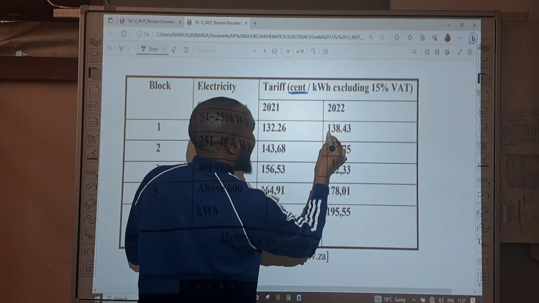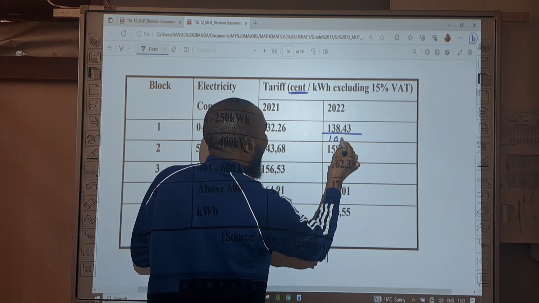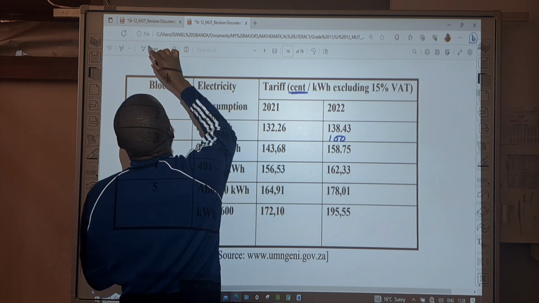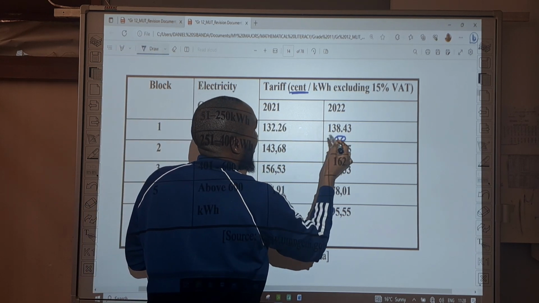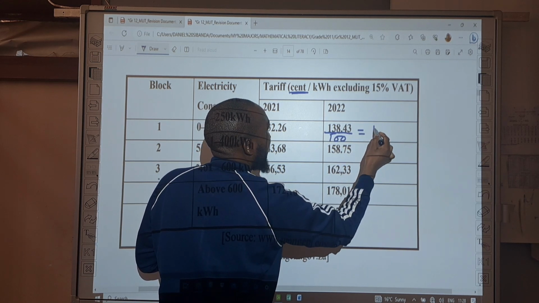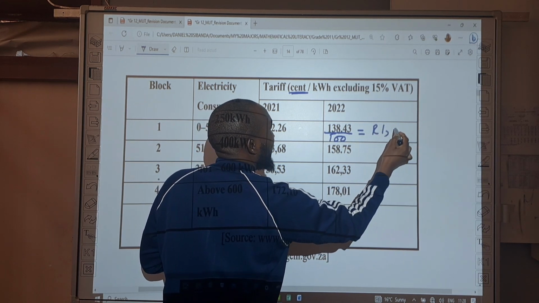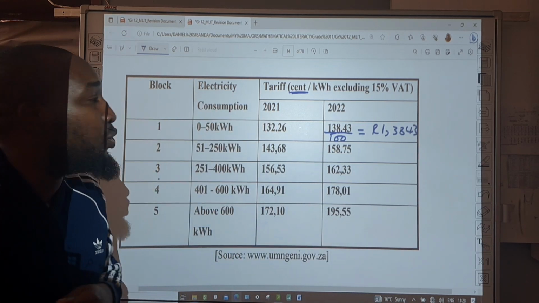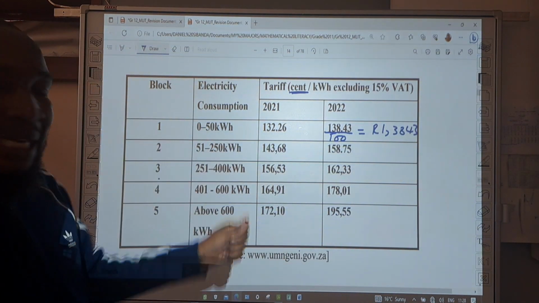Now we need to divide this number by 100. This is going to give us 1 rand 3843.